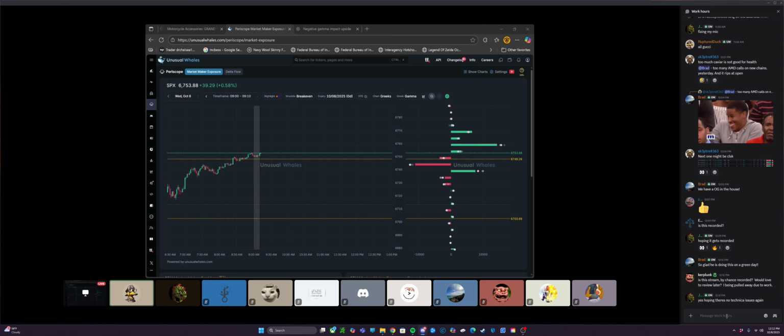Gamma measures how much delta, which is a hedge ratio, of an option changes as the underlying price moves. So I'll say that again. Gamma measures how much delta changes as the underlying price of the index moves.